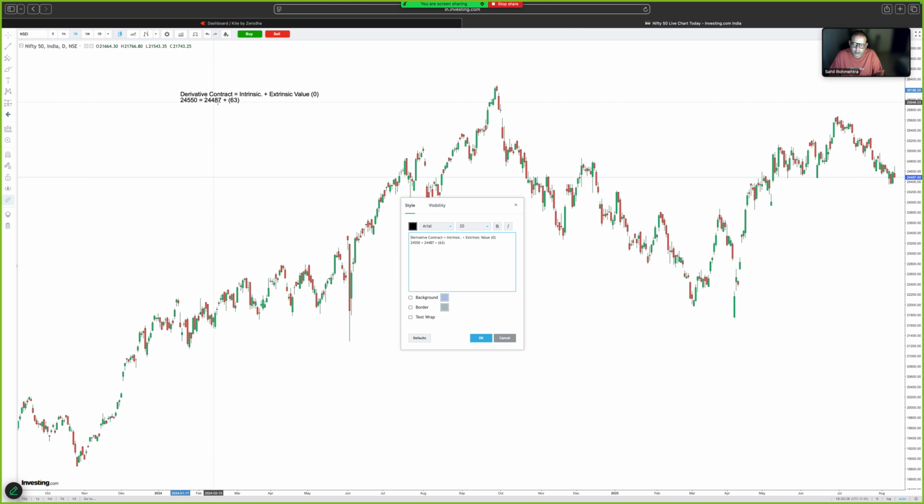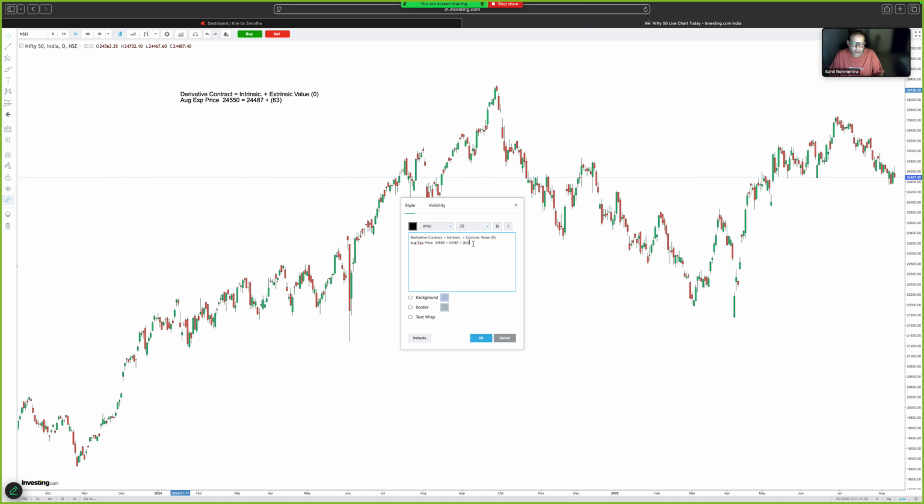You can see the working here. The August expiry is at 24,550, the underlying spot is 24,487, and therefore the extrinsic value is 63. I think this is reasonable.